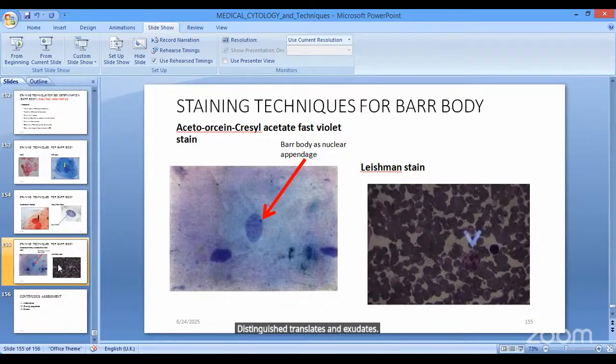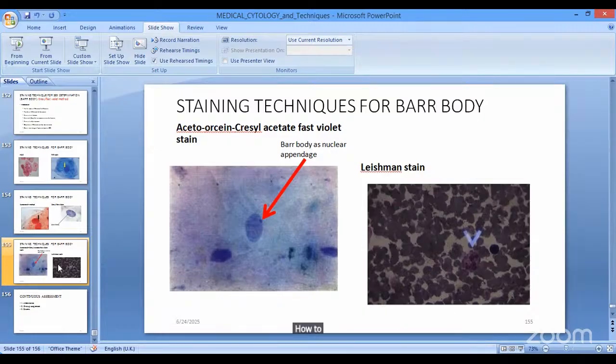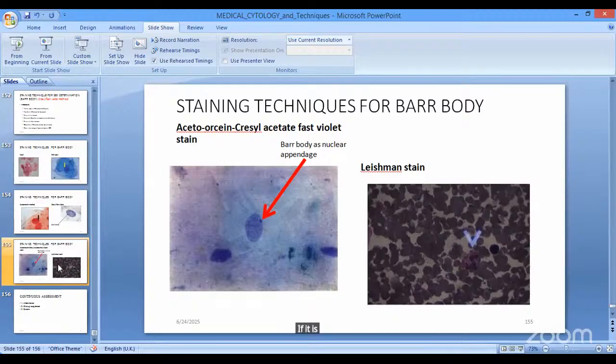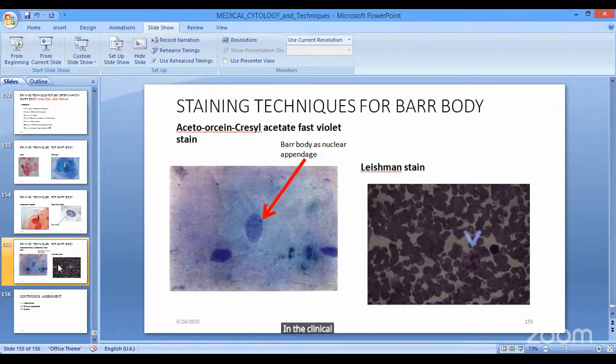I've shown you what types of cells you see, and a basic way of reporting cytological smears, that is benign or malignant or infectious. If it is infectious, what do you see? What are the criteria? Understand those basic things and you'll be good to go in clinical cytology.